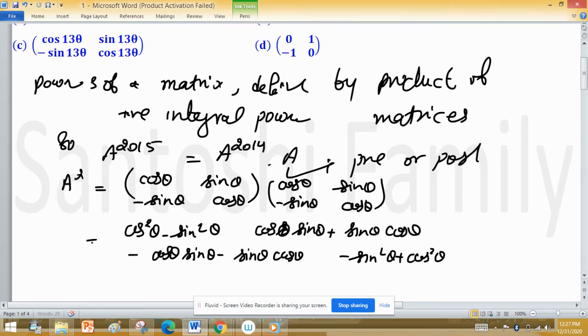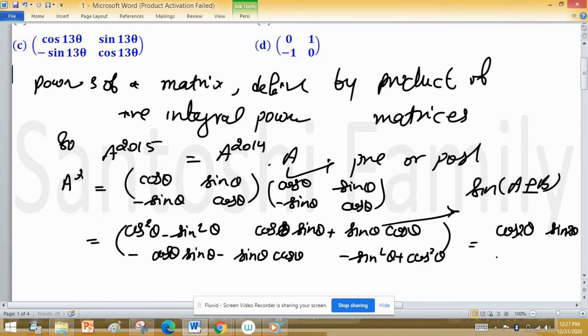Now A square gives this matrix. It means cos 2 theta, sin 2 theta, because of the formula for sin A plus B, and negative of sin 2 theta, and cos 2 theta.